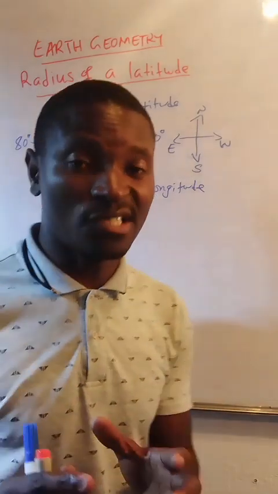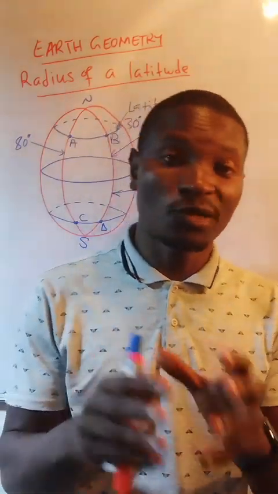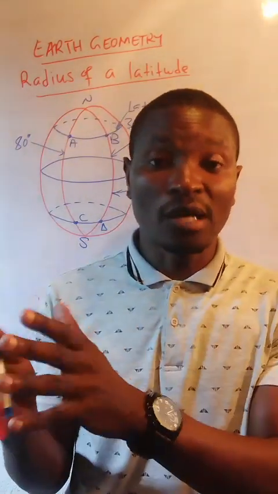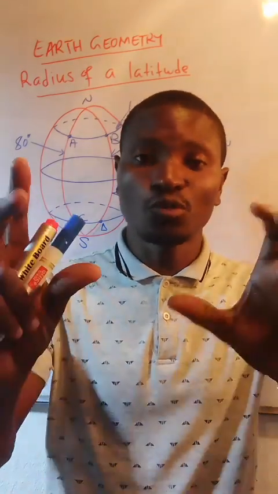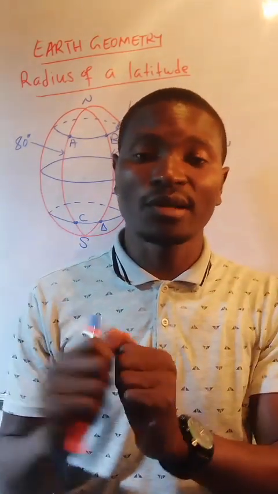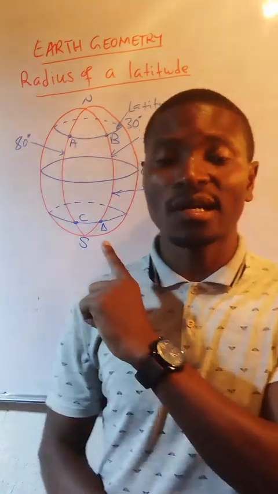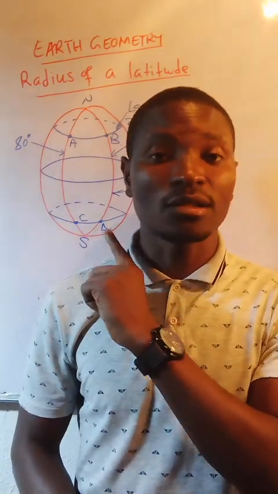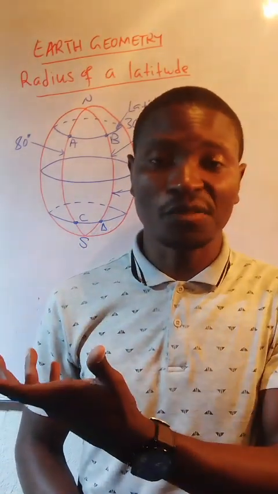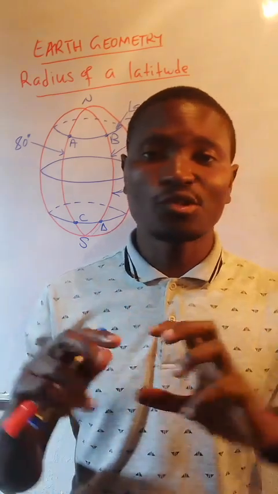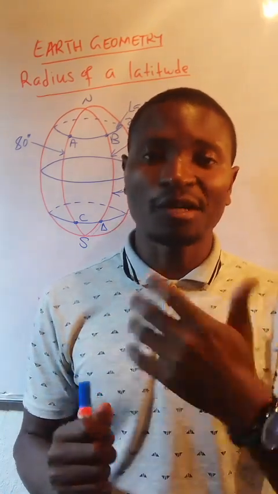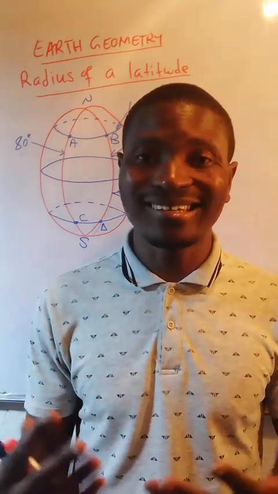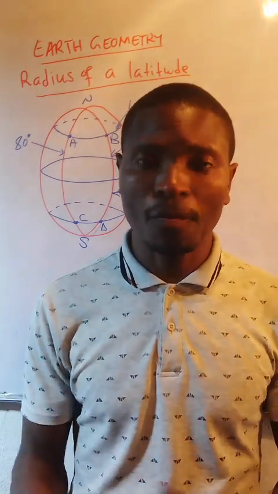What is very important in Earth geometry is to really understand what a longitude is and what a latitude is, and to be able to extract the points that are given on this imaginary Earth surface or structure. Once I am able to differentiate and understand how to collect the points, then that becomes very easy and straightforward.